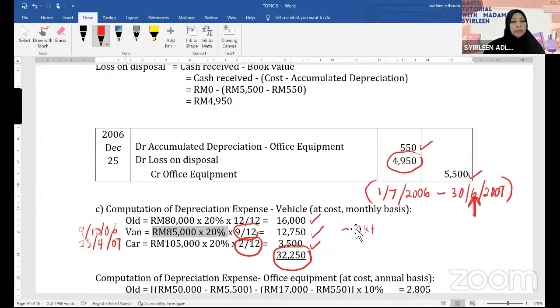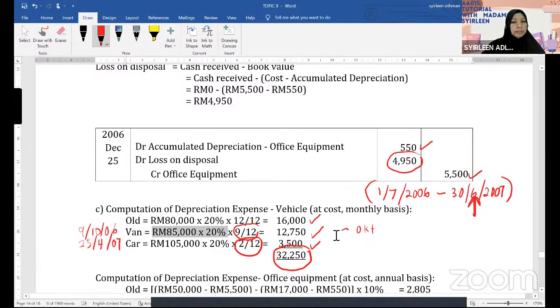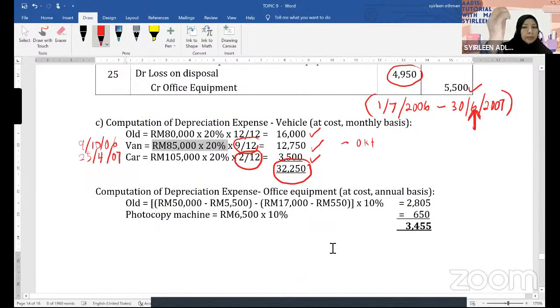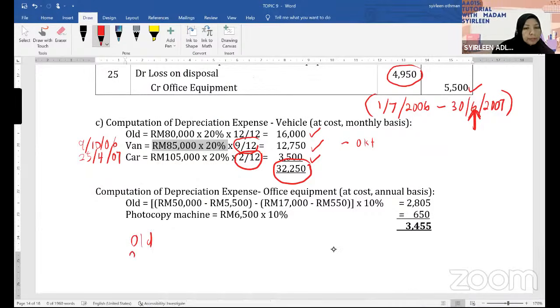Okay, so this is the depreciation expense untuk vehicles for that particular year. Alright. Now we are going to calculate the depreciation expense for office equipment. Office equipment ni kita dah ada old and new, betul? Now old ones you have 80,000. Betul lah?